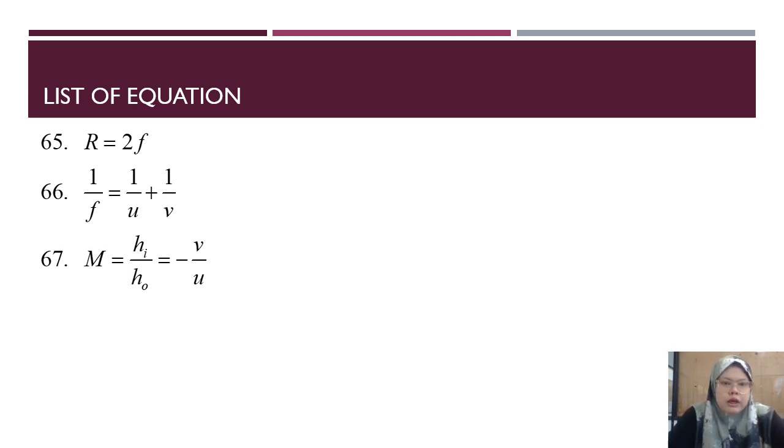So untuk U ni, normally our object is located in front of the mirror lah. So untuk V, V itu positive if the image is located in front of the mirror, ataupun normally we call as the real image.